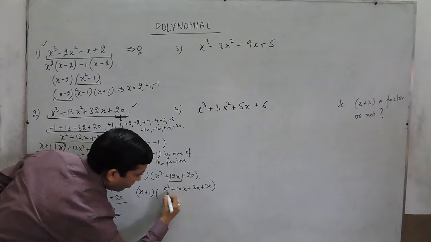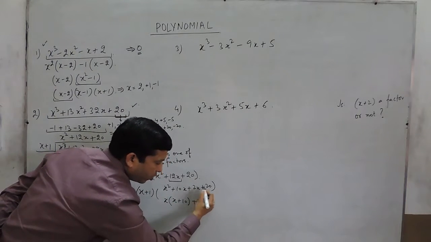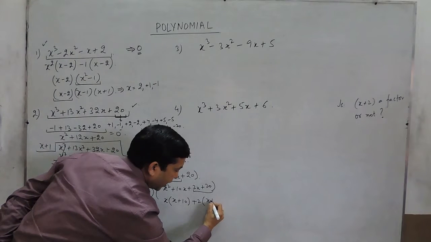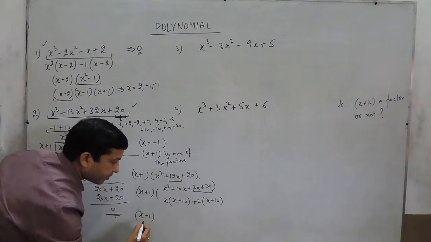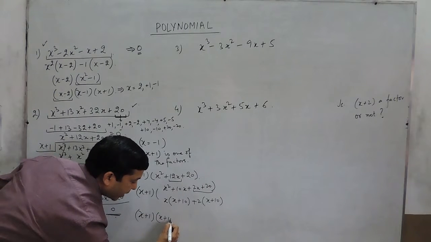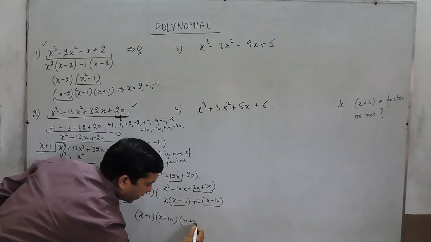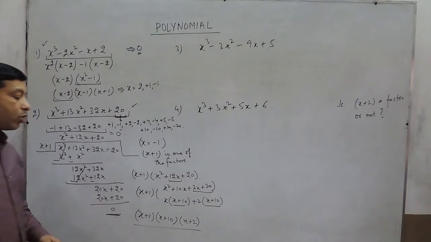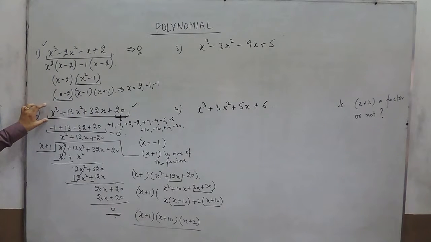When we take x common in the first 2 terms, it becomes x plus 10. I take plus 2 as common in the last 2 terms, it becomes x plus 10. So the total value becomes x plus 1, multiplied by x plus 10 as the common factor, and then there is another factor, x plus 2. So this is the total factorization of this particular cubic polynomial. Because the degree is 3, that is why I am saying it is a cubic polynomial.